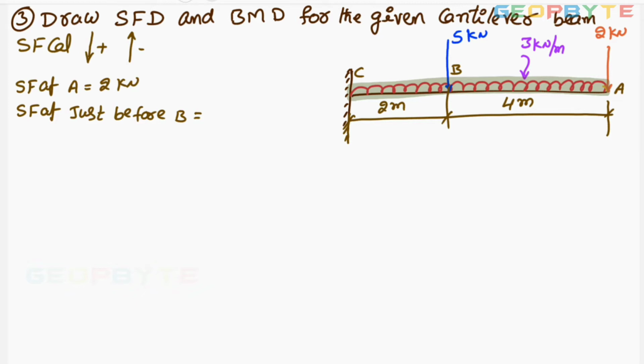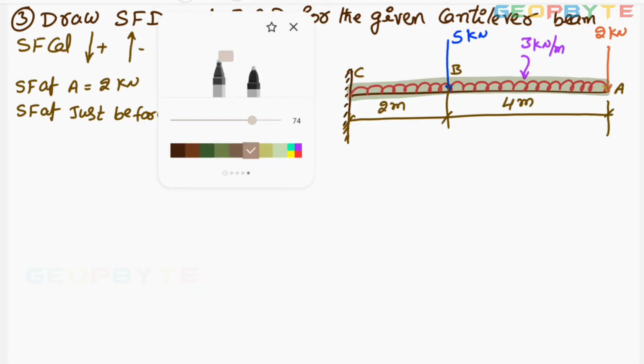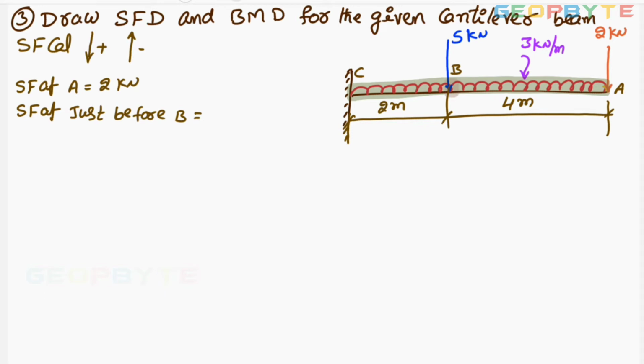Just before B, already a 2 kilonewton point load is acting, 2 kilonewtons plus the UDL, which should be converted to a point load, because shear force equals the algebraic sum of point loads.